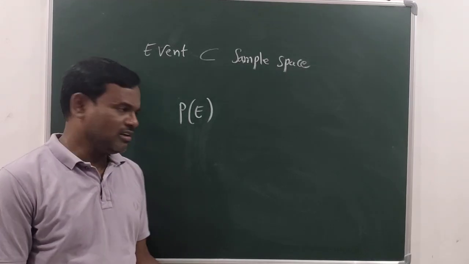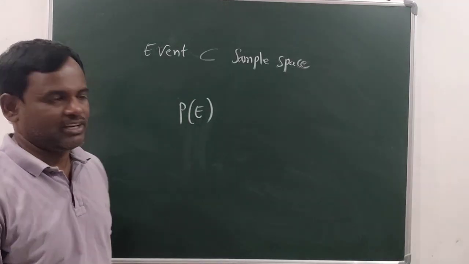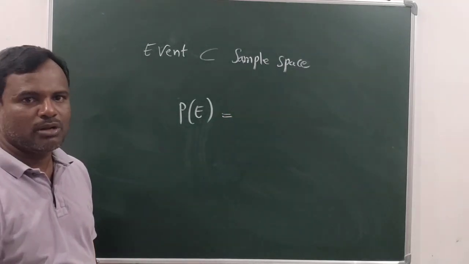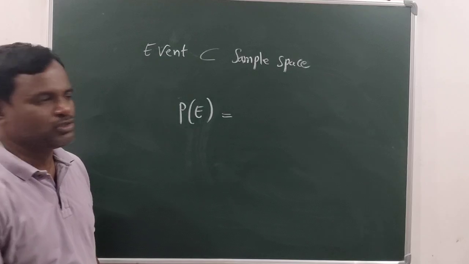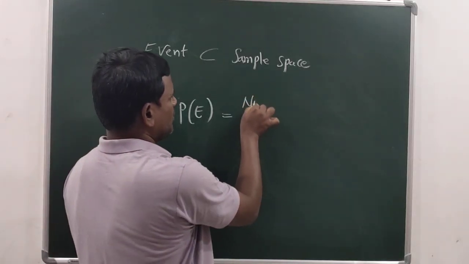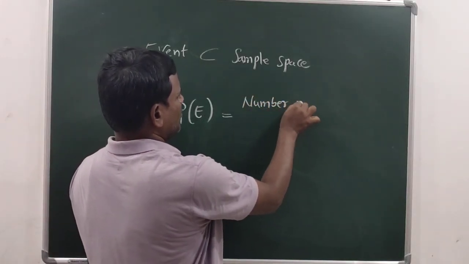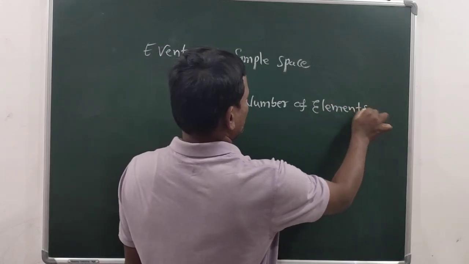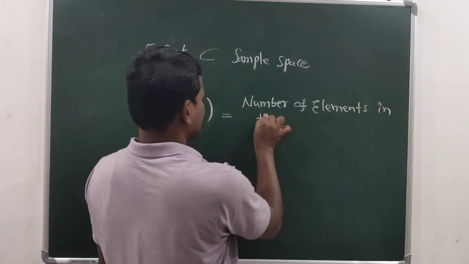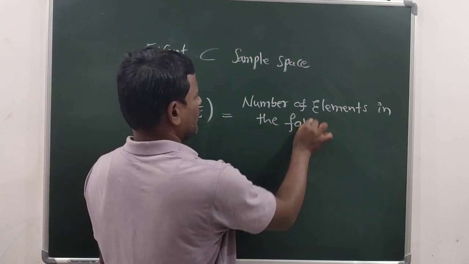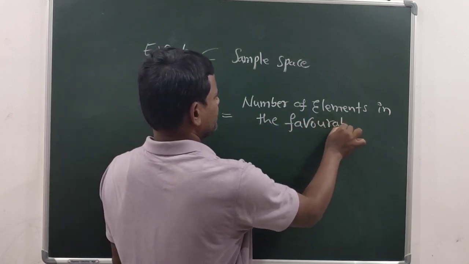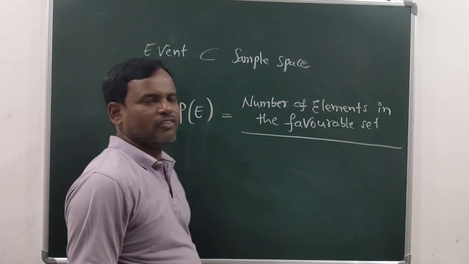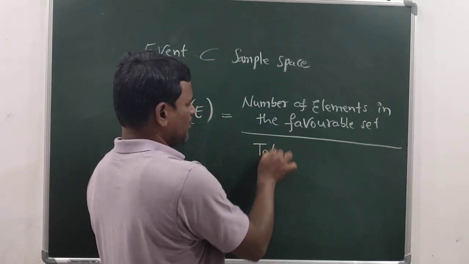Probability of an event. We have to read this one. Probability function, or say probability of an event, is the number of elements in the favorable set by total number of elements in the sample space.